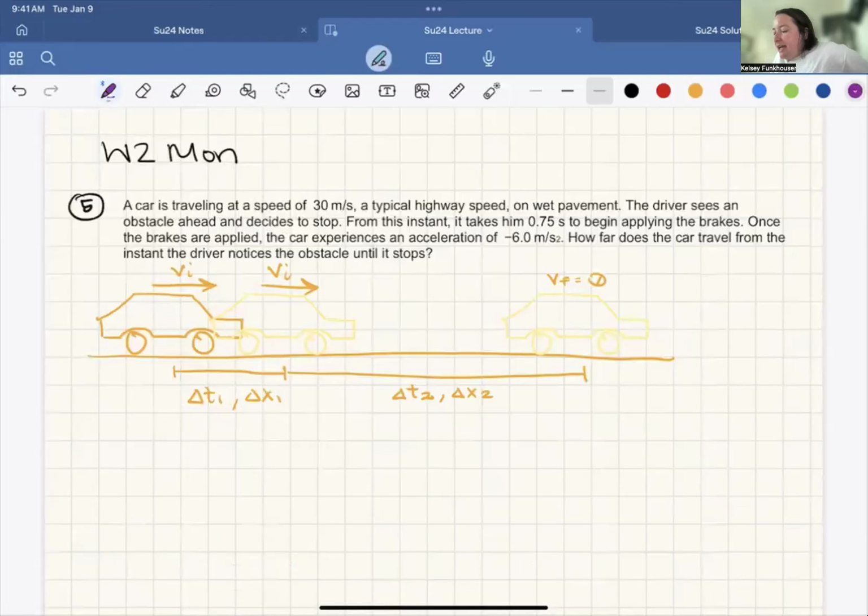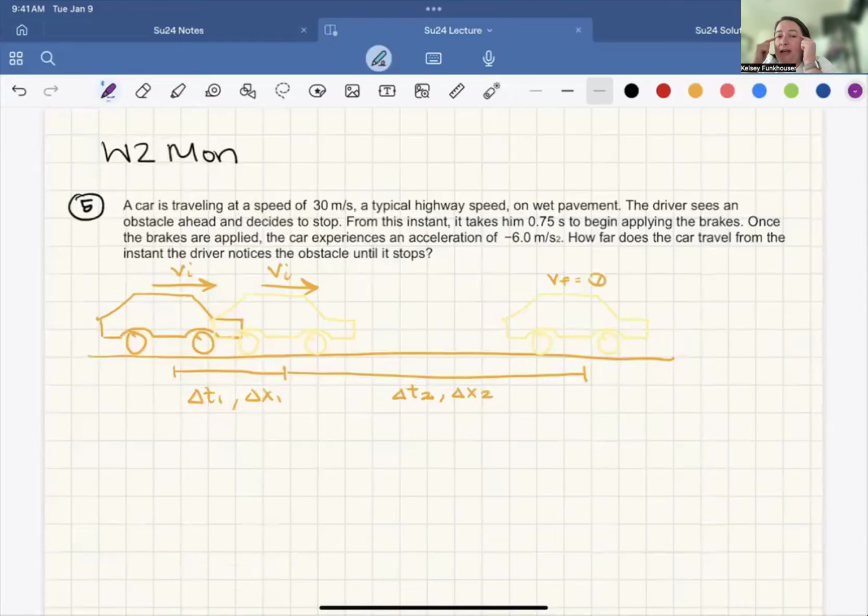So we have a car traveling at a speed of 30 meters per second, which is a typical highway speed on wet pavement. And the driver sees an obstacle ahead and decides to stop. From this instant, it takes him 0.75 seconds to begin applying the brake. That's what's called his reaction time.